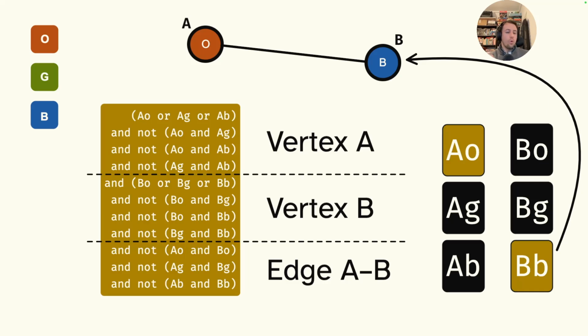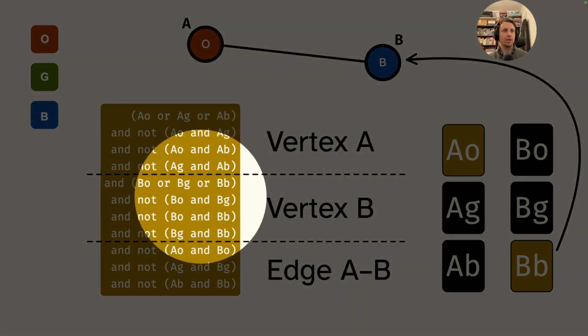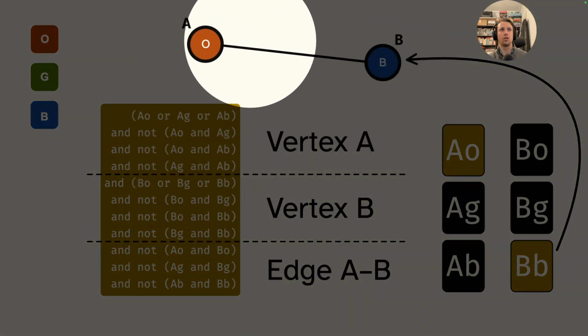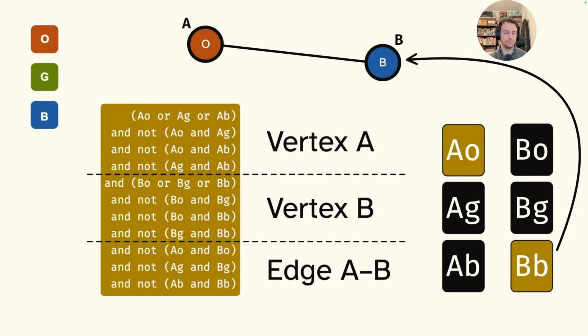Okay. Why the heck would you do this? Why do you want such a big Boolean expression when it's obvious that any two colors would work as long as they're different? Excellent question.